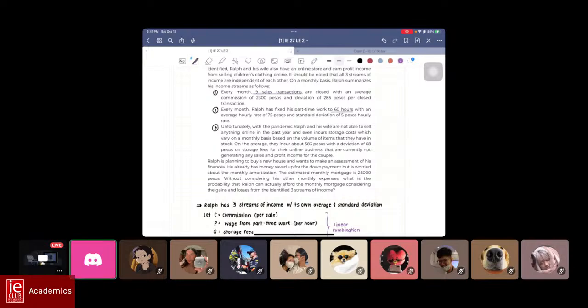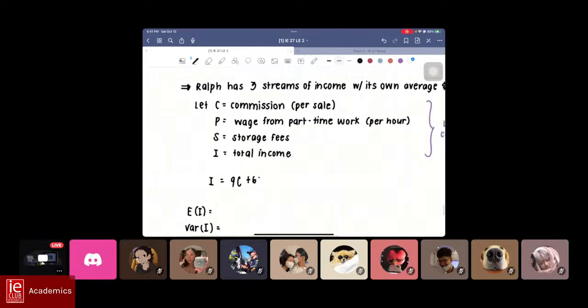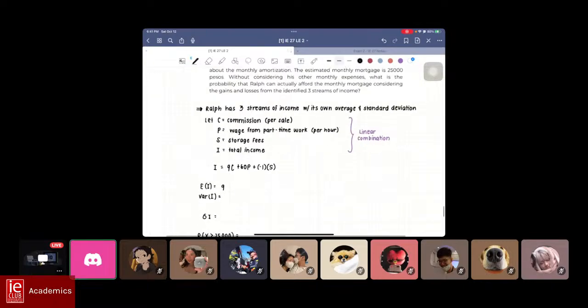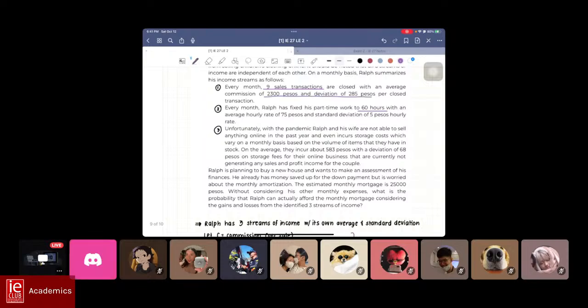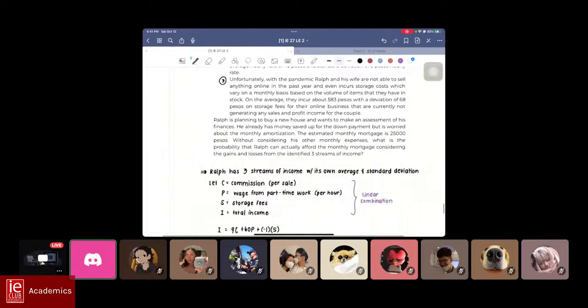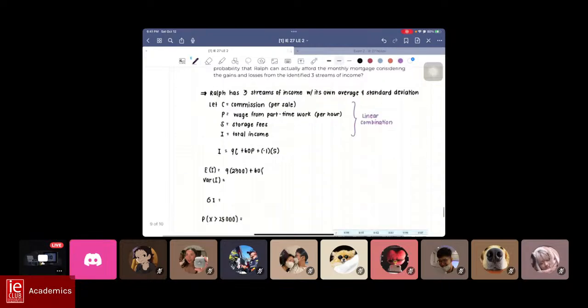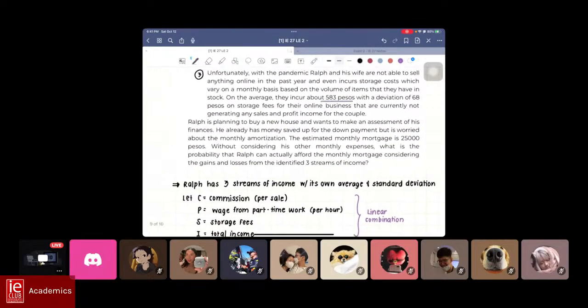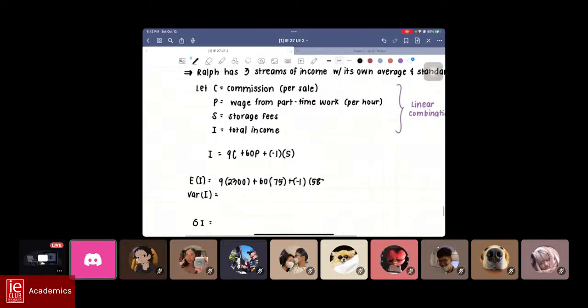And then since there's 60 hours of his part-time work, we can add 60 times P. And then since the storage fees is a deduction from his income, we can add -1 times S. And then using the formula for linear combination, this would be 9 times the average, which is 2,300 pesos, plus 60 times the average, which is 75 pesos, plus -1 times 583.